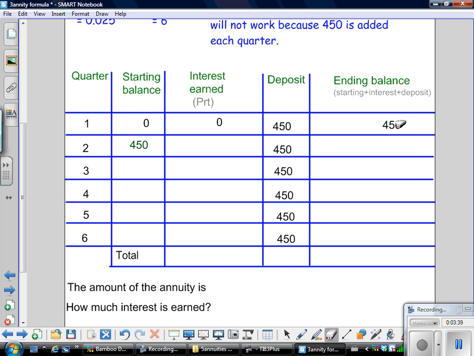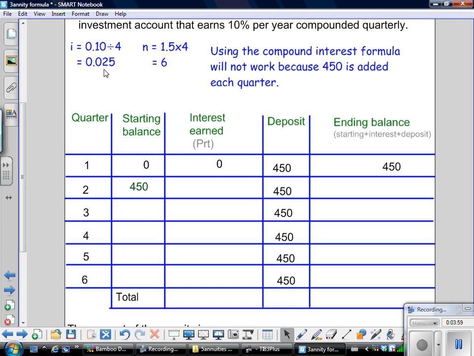At the end of the first quarter, we deposit $450. At the start of the second quarter, we have $450, and using P, our principal, 450, times 0.025, times 1/4 of the year, we have made $11.25 for that quarter.